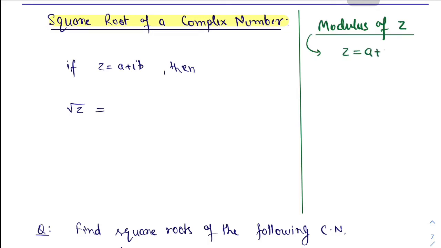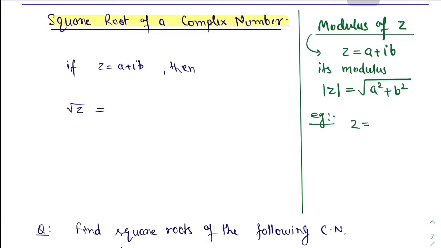If z is some complex number a plus ib, its magnitude or modulus is represented by mod z, and it is equal to root over square of real part plus square of imaginary part. Okay, for example, if z is equal to 3 plus 4 iota, then mod z is equal to under root of 3 square plus 4 square, that will be 5.